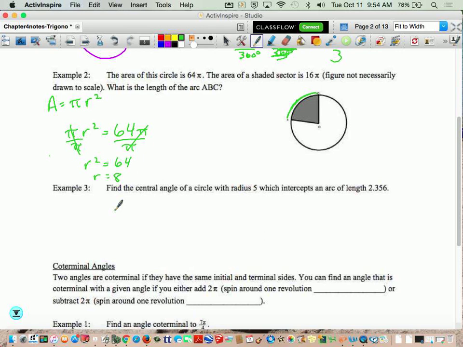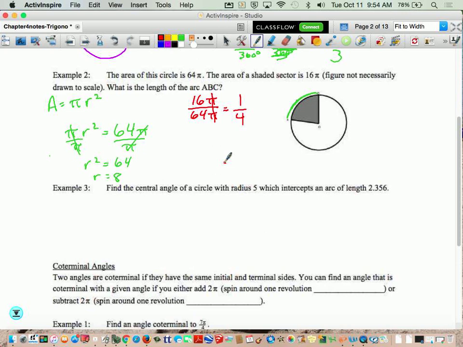So now what I can do is go back, and I know since the area of the sector is 16 pi, you could have done this earlier, and the area of the circle is 64 pi, the pi's cancel out, and 16 divided by 64 means 1/4. So that's why they say it's not necessarily drawn to scale.